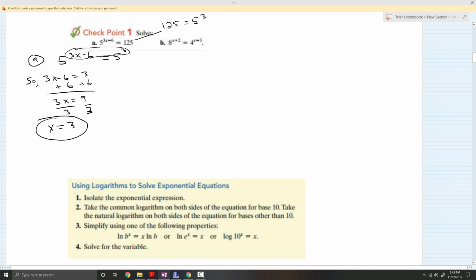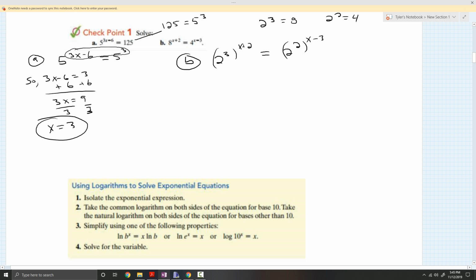So part B, the trick to this one is 2 cubed is 8 and 2 squared is 4. That's going to be our trick to get these to be the same base. So we would have 2 cubed raised to the x plus 2 power equals 2 squared raised to the x minus 3 power.